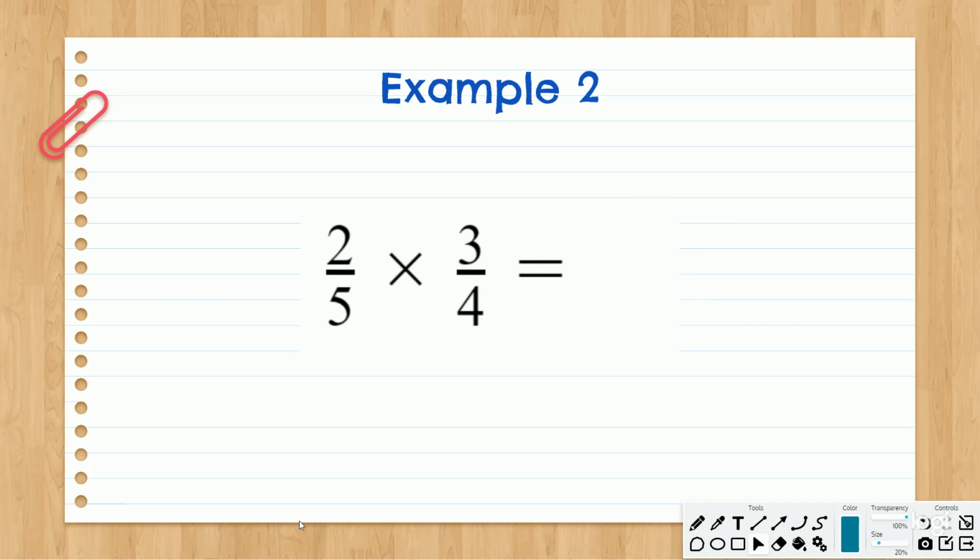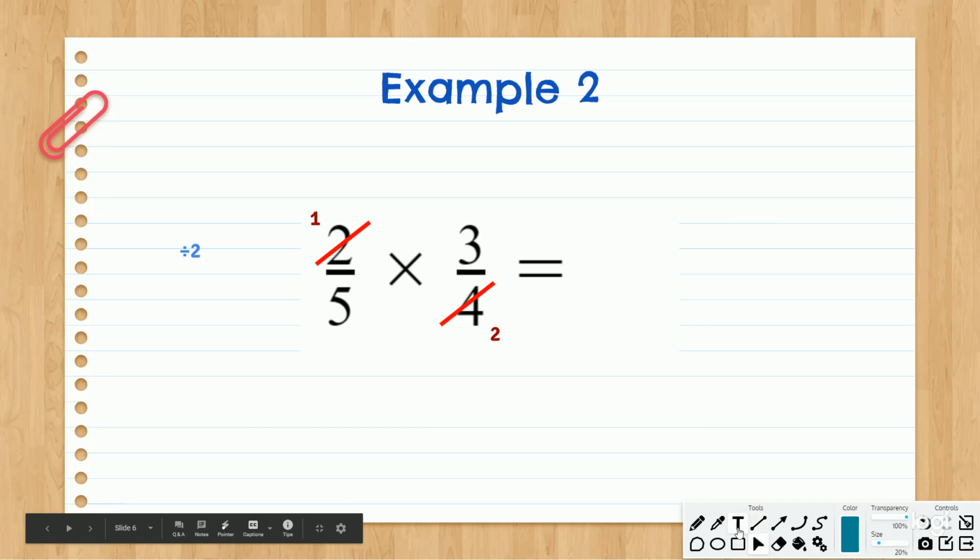The next one is 2/5 times 3/4. So here I have to look at numbers I can divide. I'm going to look at the 2 and the 4. Both those numbers can be divided by 2. So 2 divided by 2 gives me 1. 4 divided by 2 gives me 2.